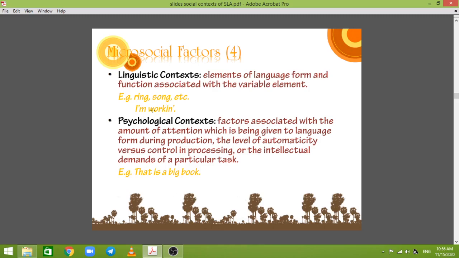Second one, am working. This one is not about sound but about sound. For this one, you can see the last letter N, right? Not letter G, N G. In this sentence, it can be notified or highlighted in relation to the use of the progressive form, okay?